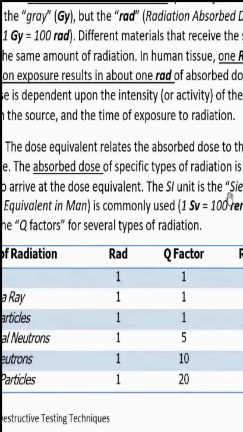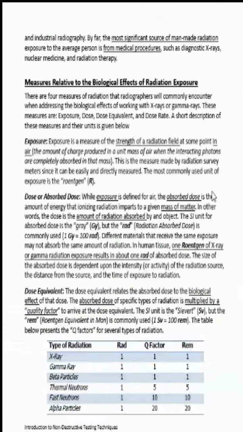In SI unit, REM is given by Sievert, but the Roentgen equivalent in man is commonly used, and 1 sievert is equal to 100 rem. The table will show you how to convert or calculate rem. Rad and rem for X-ray and gamma ray are the same. This is what you must remember. In one day, how much sievert is acceptable?